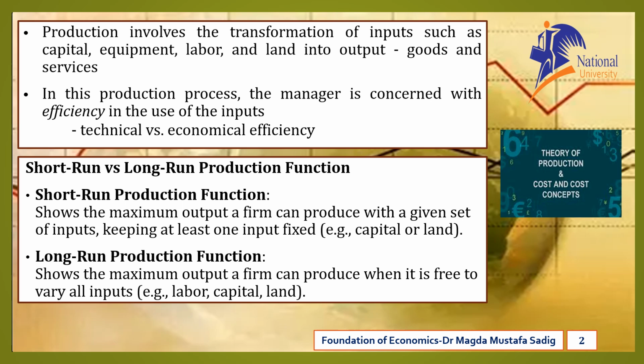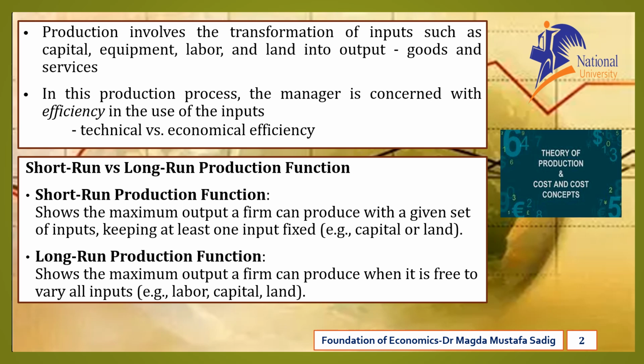Production is a process by which inputs such as capital or machinery, tools, buildings, labor or workers, natural resources or land and equipment are transformed into outputs, meaning the goods and services we consume every day.